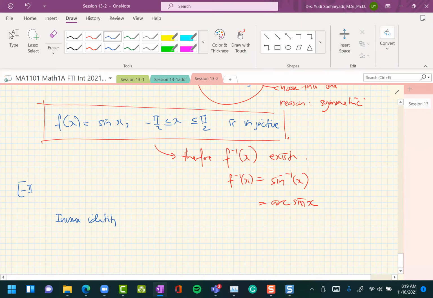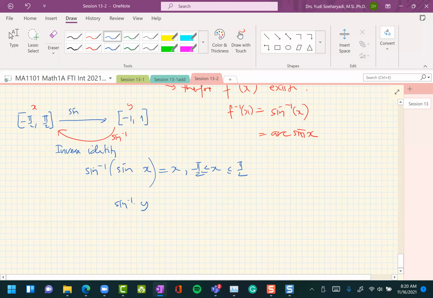And if you start with y, a number between -1 and 1, and apply sine inverse, arcus sine, and then apply sine again, sine inverse and sine will cancel as long as y is between -1 and 1. So this is what we call the inverse identity.